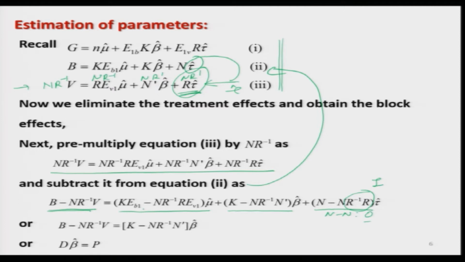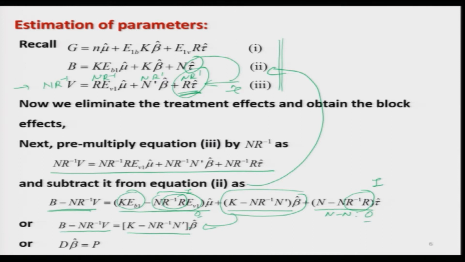Similarly, R⁻¹R becomes the identity matrix I, and the value of NEV1 comes out to be the same as the value of KEB1. We did this exercise at the beginning of the last lecture, so this will again become a null vector. So only this term will appear: P = B − NR⁻¹V equal to (K − NR⁻¹N′) β hat.